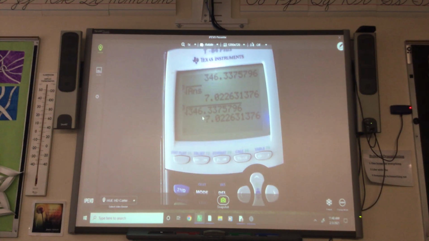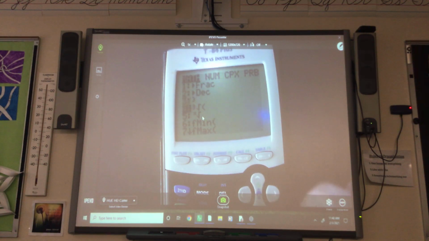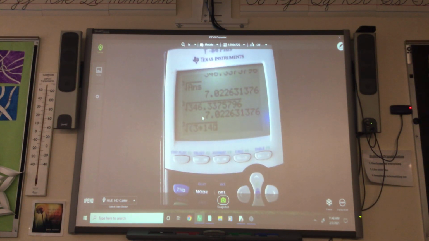You go math, cube root, and then you do this in parentheses: 3 times 1,450 divided by 3.14 times 4, right? Yep, you are going to get that right answer.